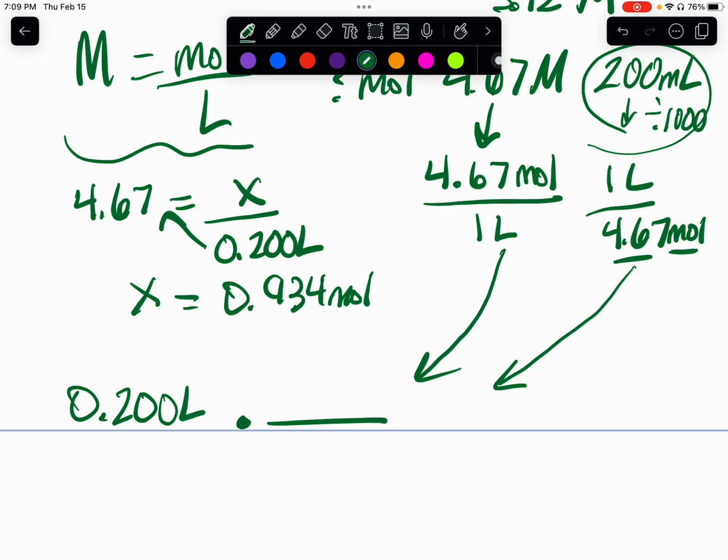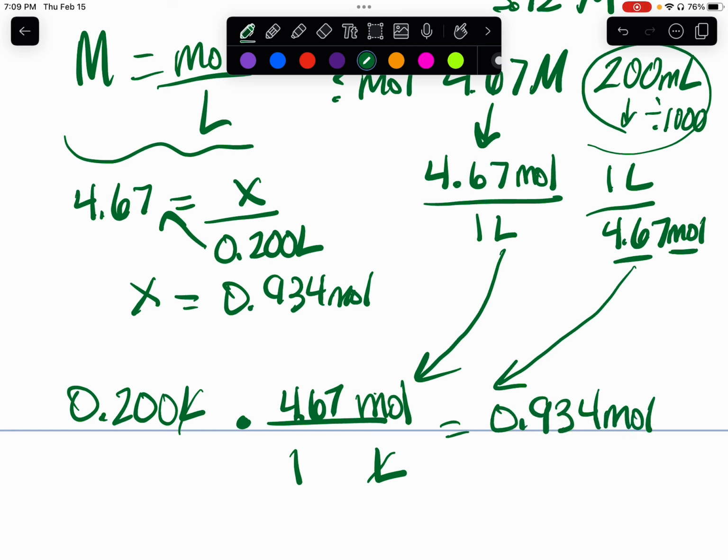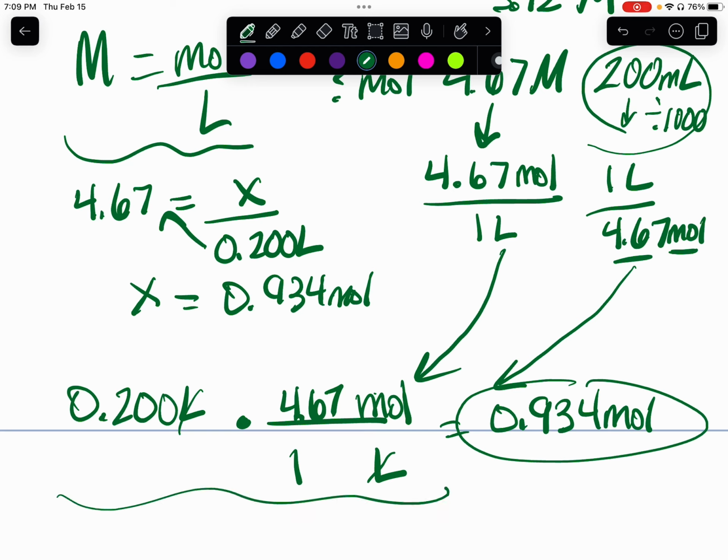Now, do you want moles divided by liters or liters divided by moles? Well, you want the liters on the bottom so they cross off, right? Put the moles up here. 4.67, that's a decimal, 1 liter. And what do you do? Well, you just multiply. And you get that. So you can do it either way. I do like this because if you've got more in your problem, like maybe they ask you for grams.